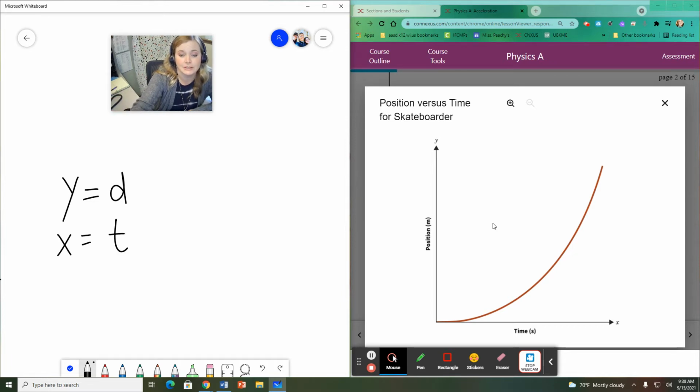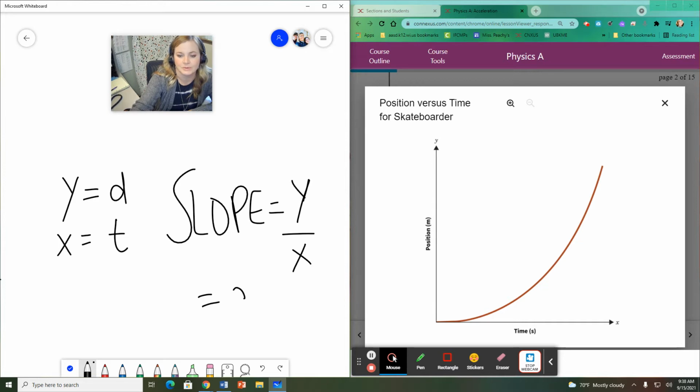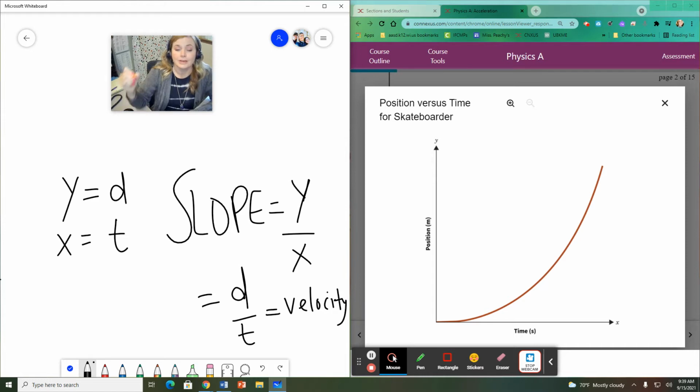When we figure out the slope, that's always y over x. So that is equal to displacement over time, which is basically the same thing as velocity, right? So the slope of a position or displacement versus time graph is velocity.